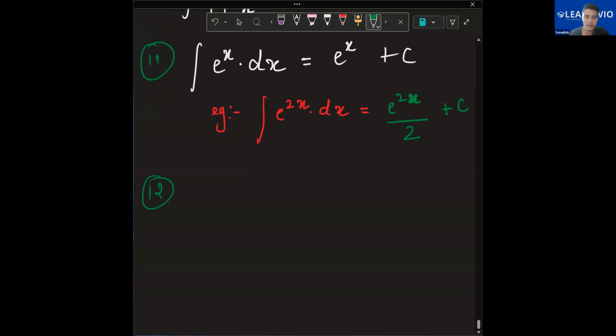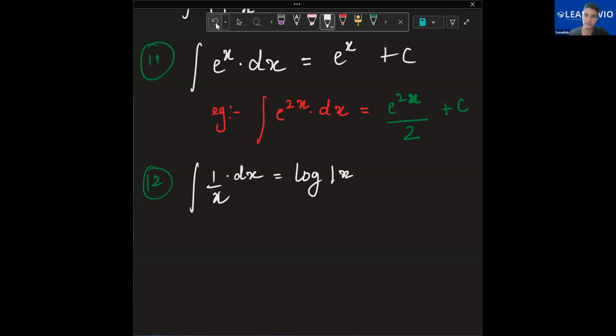And the 12th one is integration of 1 over x dx. इसका होगा log of mod of x plus c.